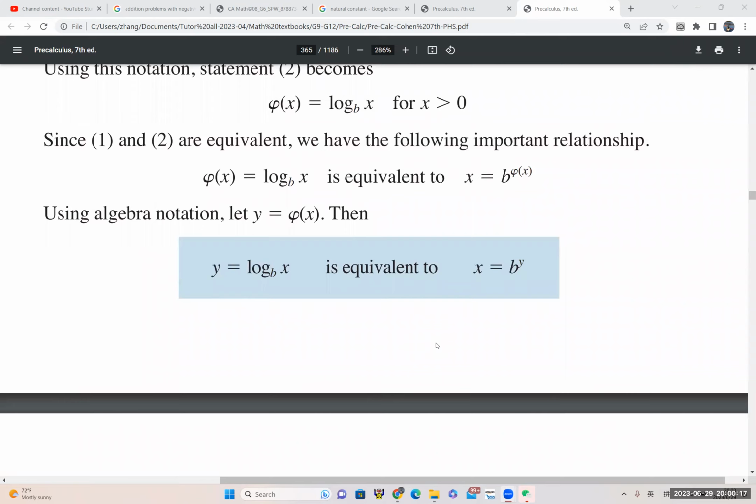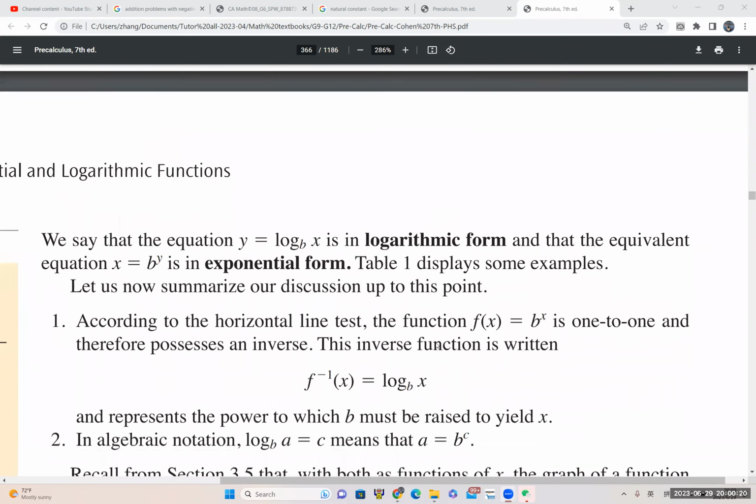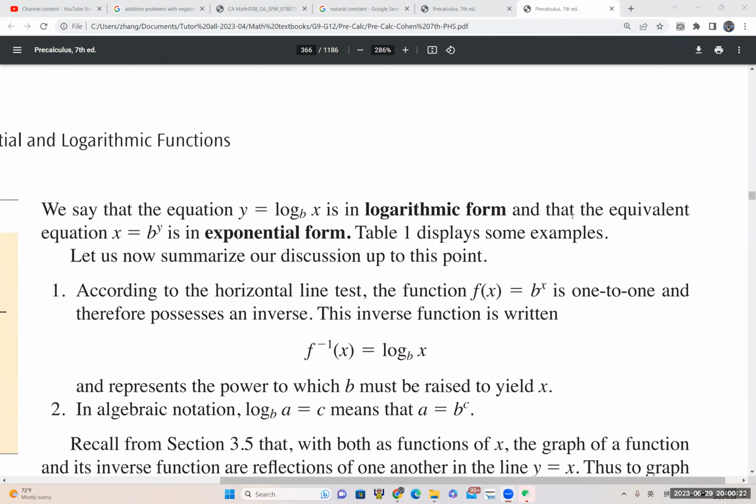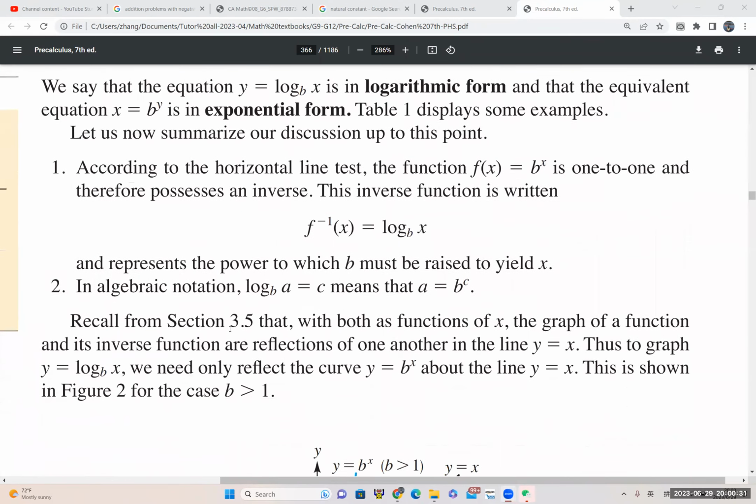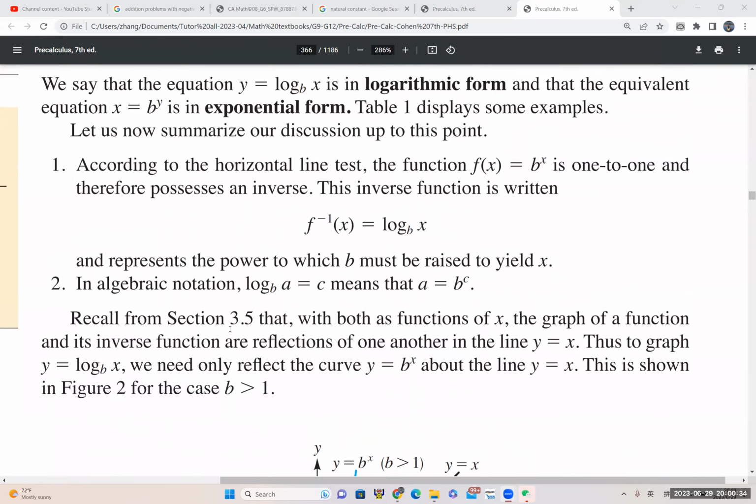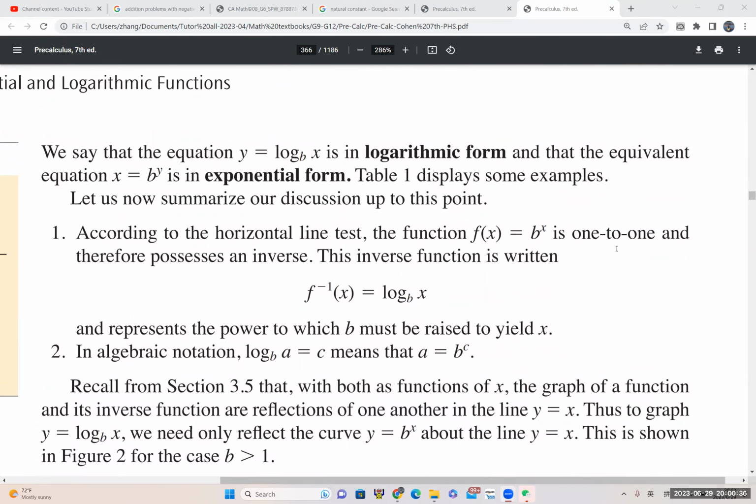Here we show it, as I already showed. This is the logarithm form, and this is called the exponential form, the inverse relationship. Suppose here f of x just means b to the x power.